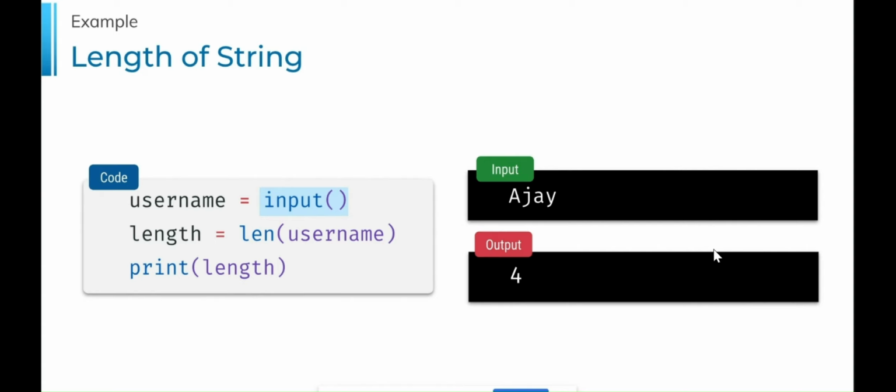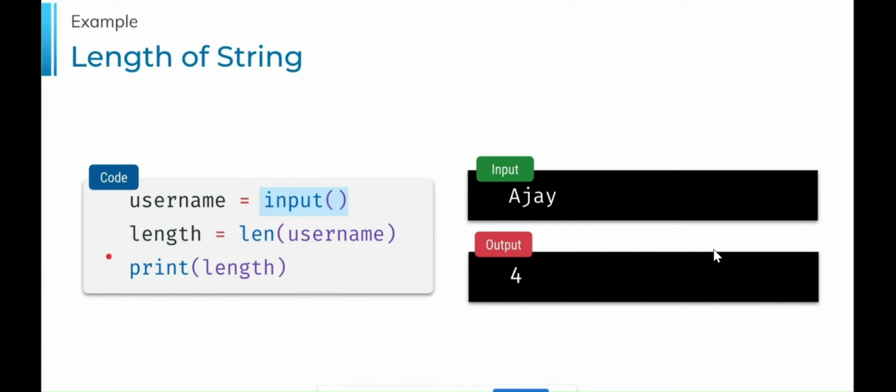If we take the input from the user, say username is Ajay, then we calculate the length, len of the username variable. Username is a variable, Ajay is the value.